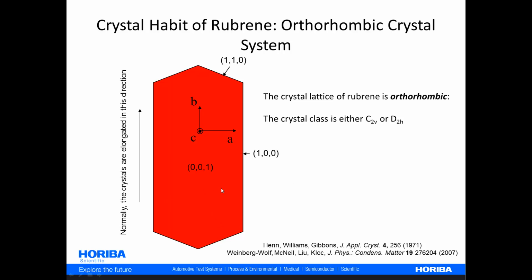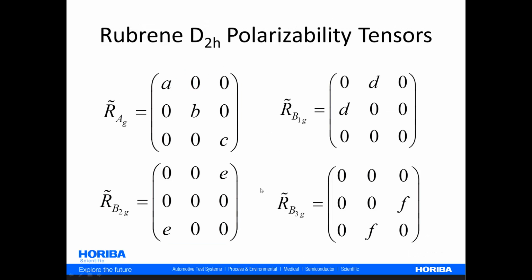And here you see a schematic, and this is very important, of the crystal habit with respect to the crystal axes. So keep this in mind as we proceed here.